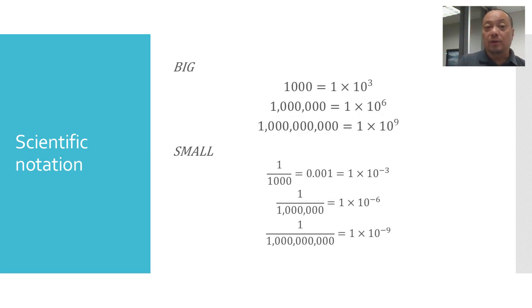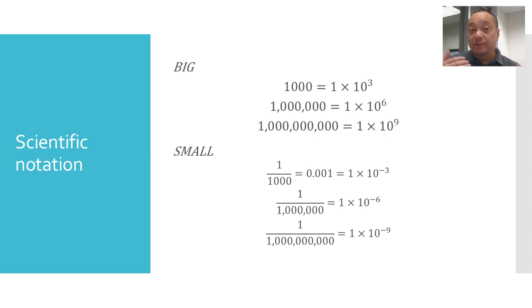Applying this to conversion factors for really big or really small prefixes, we have this. A factor of 1,000 has 3 zeros, so it's 1 times 10 to the 3rd. A factor of 1 million has 6 zeros, 1 times 10 to the 6th. And likewise for 1 billion, 9 zeros, 1 times 10 to the 9th.